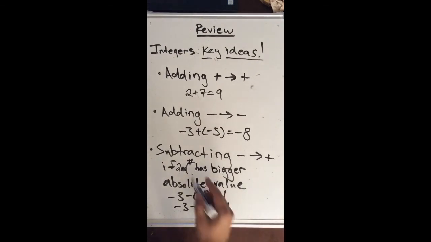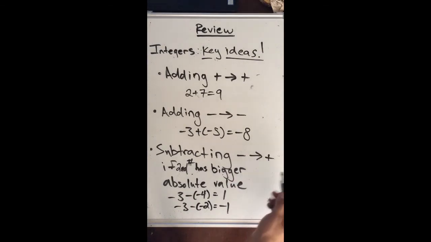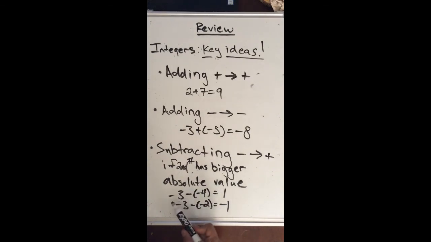If you were going to subtract two negative numbers, well, it might give you a positive number if the second number has a bigger absolute value. And what we mean by that is if you had a number like, say, -3 minus -4, and you can check my math on this, since -4 has a greater absolute value, this is like -3 plus 4, which is going to give us 1.